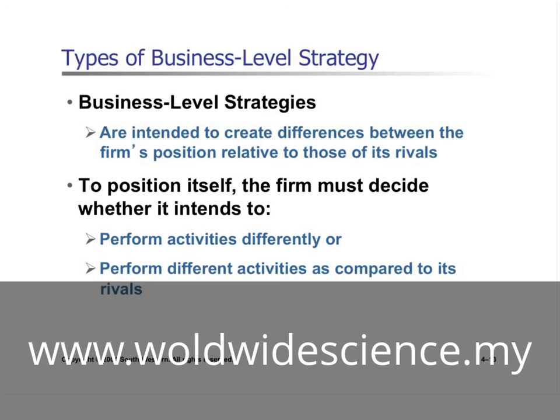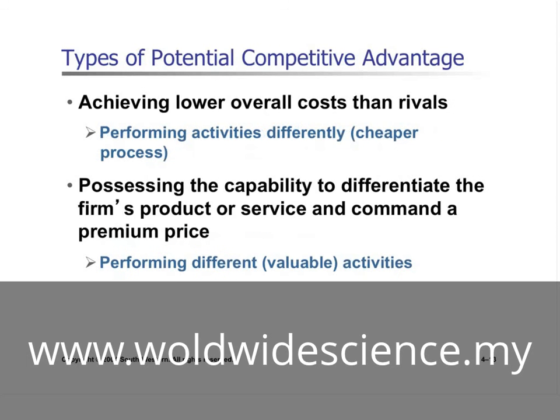Let's say one of the reasons that your products could be bought rather than rival products is that they are cheaper, the price, the cost. You have a lower production cost that helps you have a lower final cost to the customer, and that's why customers will buy.